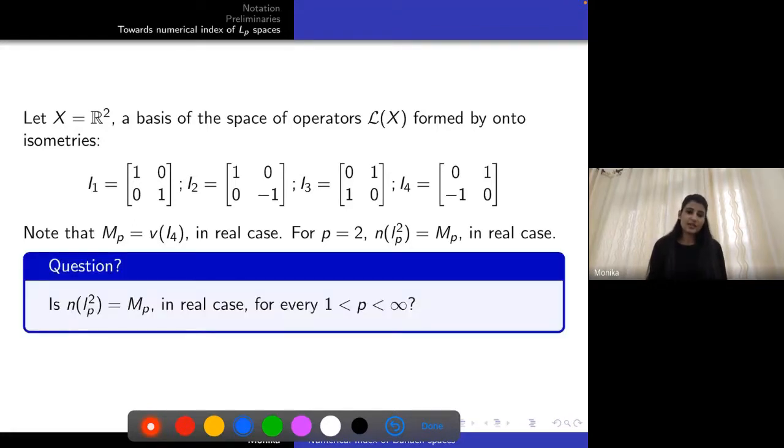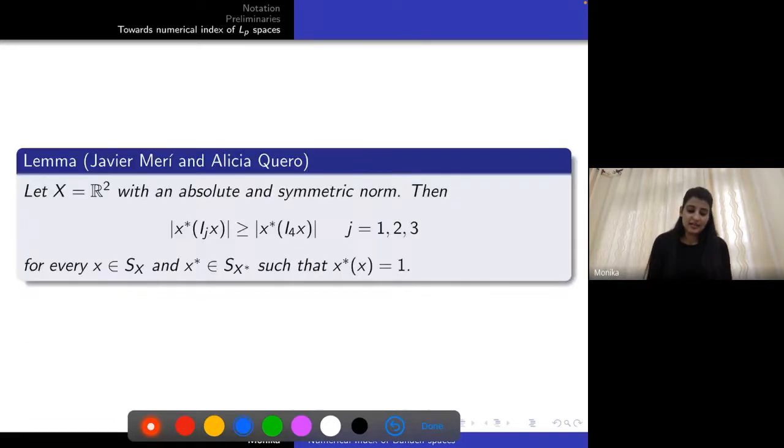A recent progress was made by Merí and Quero. They published a paper in 2020, actually. For p between 3/2 and 2, they proved that the numerical index of L_p^2 will coincide with M_p.